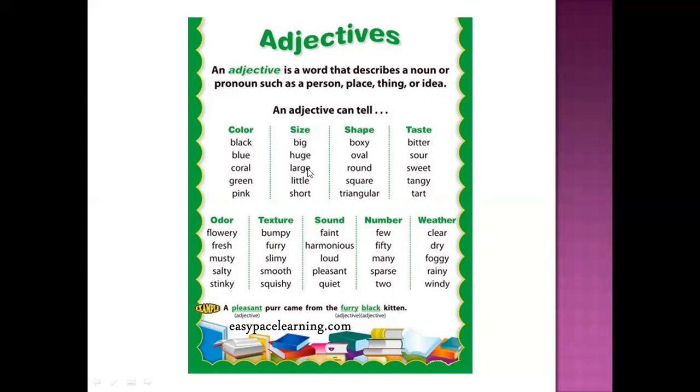Big, huge, large, little, short. Likewise, you can say big trees, huge mountains, little angel. Next one, shape. Boxy, oval, round, square, triangular.